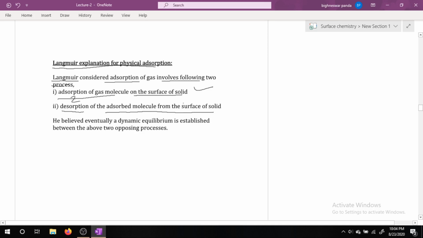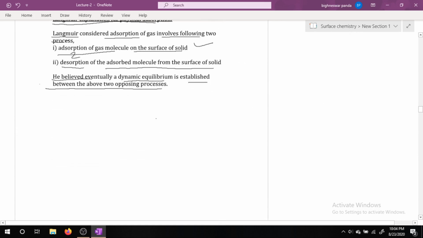Desorption means evaporation, that means the gas particle evaporates from the surface of solid. And he believed eventually a dynamic equilibrium is established between the two opposing processes, that is condensation and evaporation.